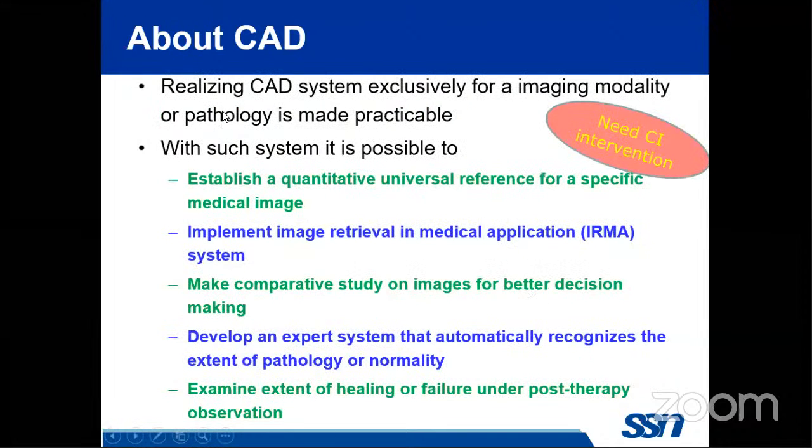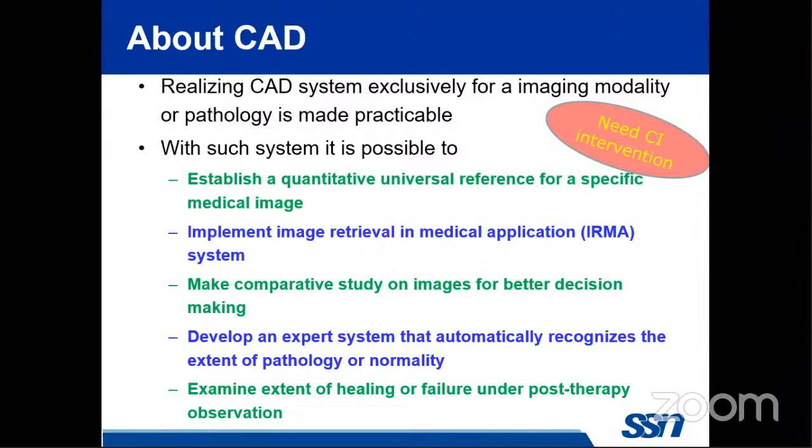And apart from that, we can go with different applications, like you can quantify the universal reference for a specific medical image, and even you can apply this kind of CAD-based system for image retrieval in medical applications, and even you can go for comparative study on images for better decision making, automatic recognition and post-therapy healing process.